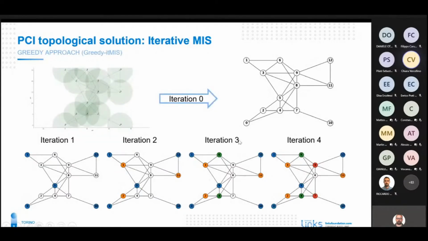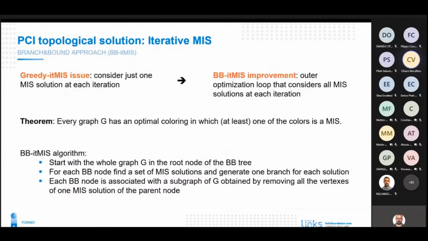Just to simplify, I reported here an example graph. We see that in iteration 1, 4 nodes are selected, and these nodes are removed, the corresponding edges are removed, and so on and so forth. We iterate until iteration 4, where only 1 node is left to be colored, and that's where the algorithm ends, and we obtain a feasible coloring with 5 colors.